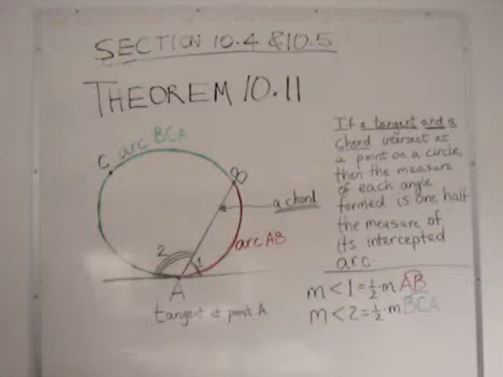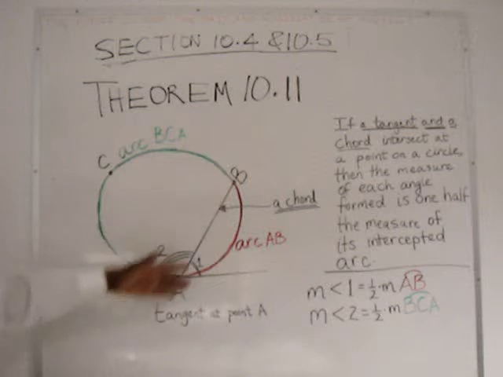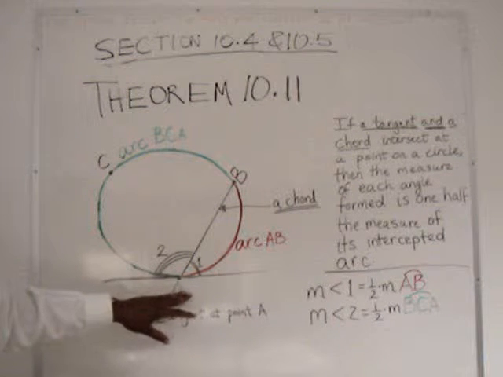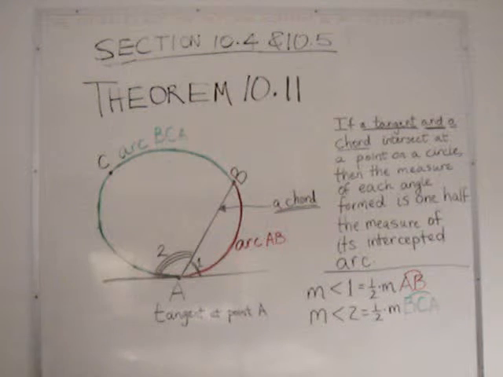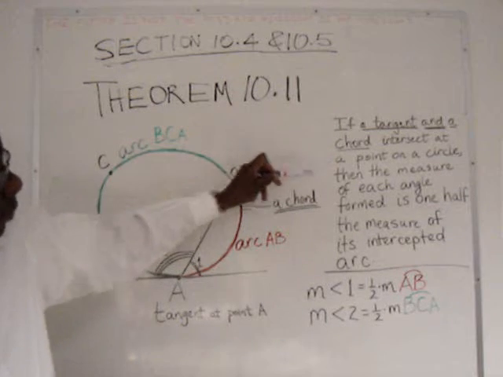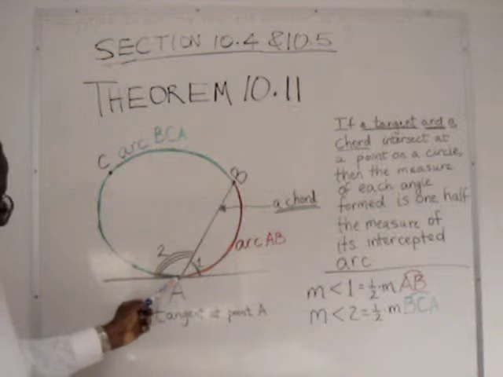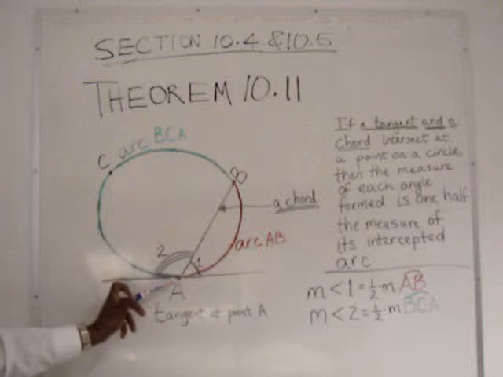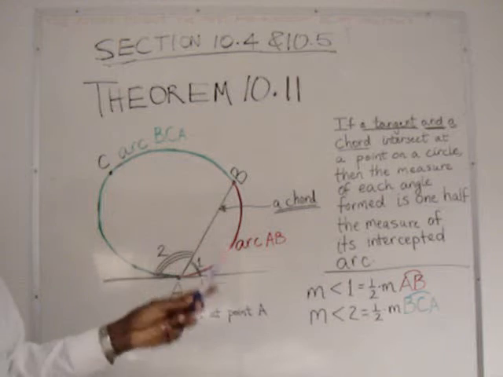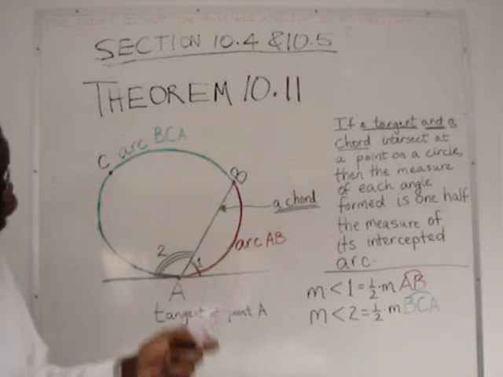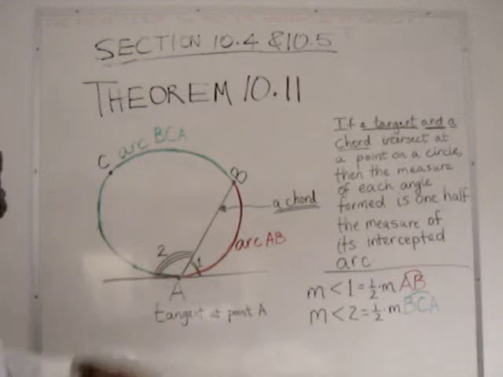Anyway, this theorem says if a tangent and a chord intersect at a point on a circle, so a tangent and a chord intersecting at point A, then the measure of each angle formed, of course there are two angles formed, right?